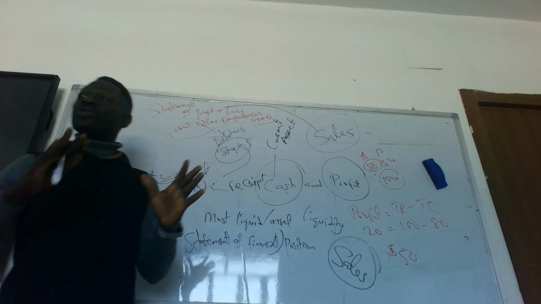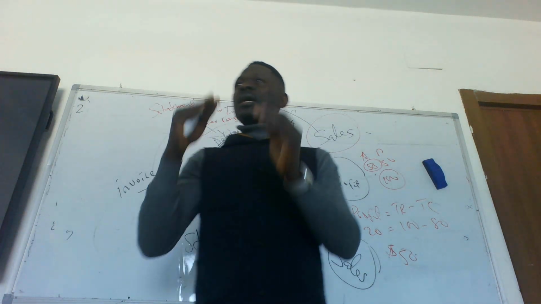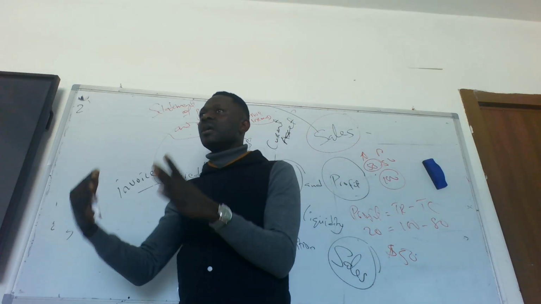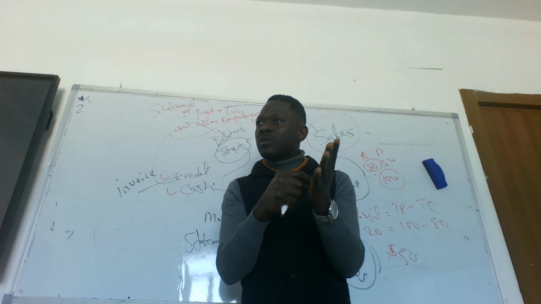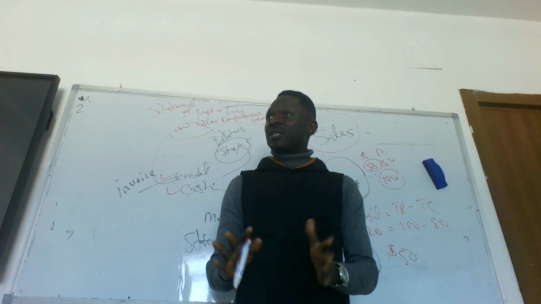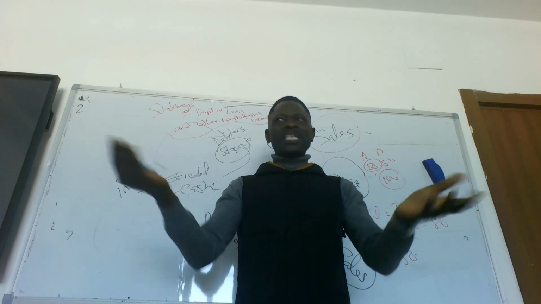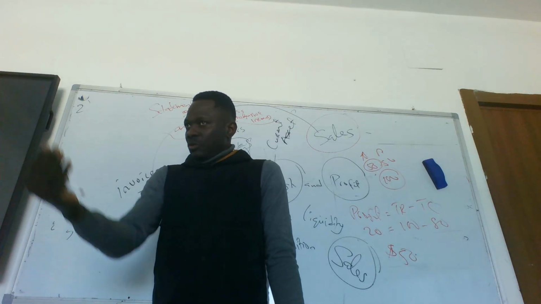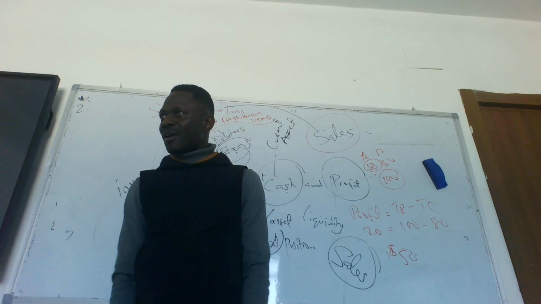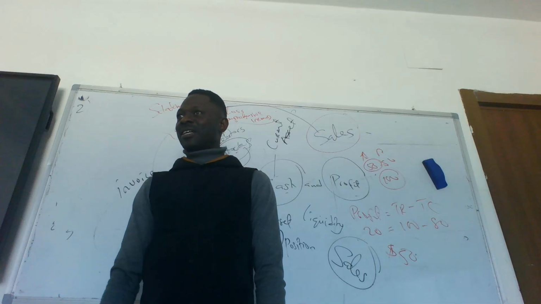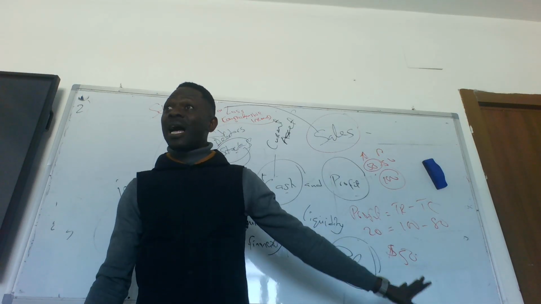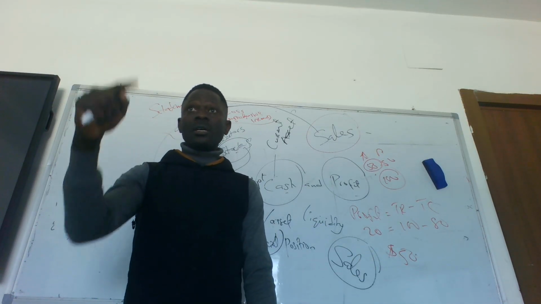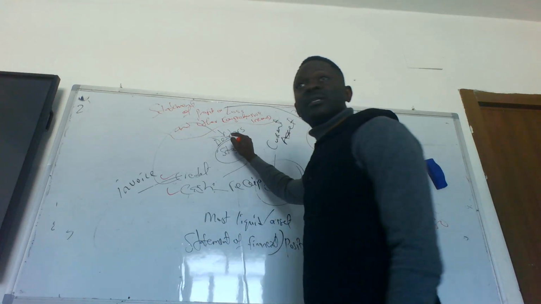Do you now see the difference between cash and profit? Cash is a liquid asset. Profit is your revenue, your return on investment. So someone might tell you, "I made a profit," and you ask for money and they say they don't have it. Because you make profit, yes, but you don't have cash until the debtor pays.